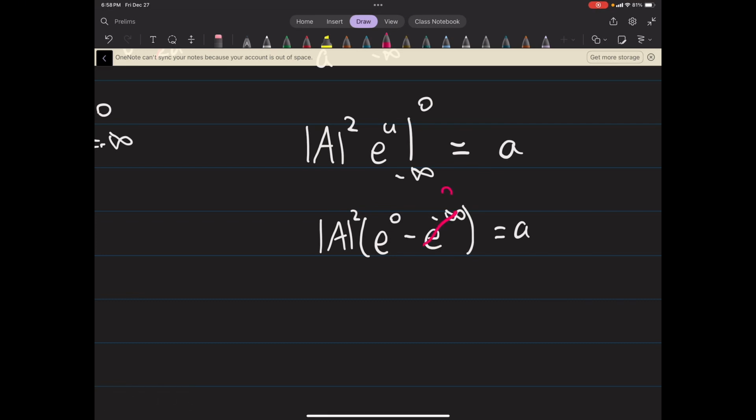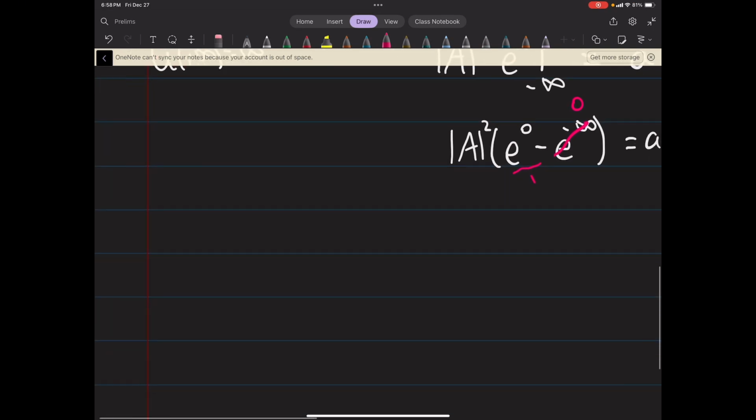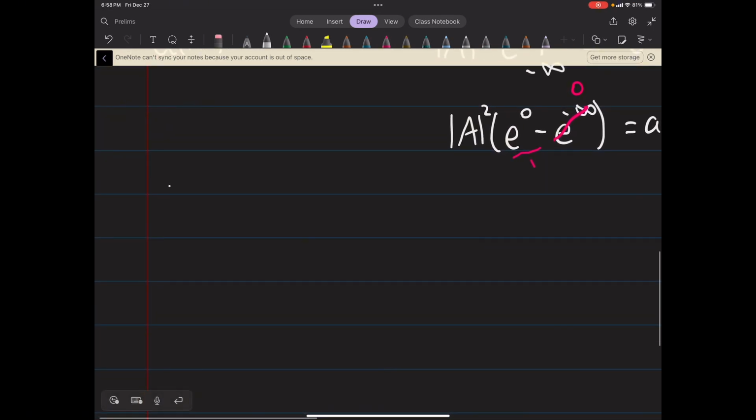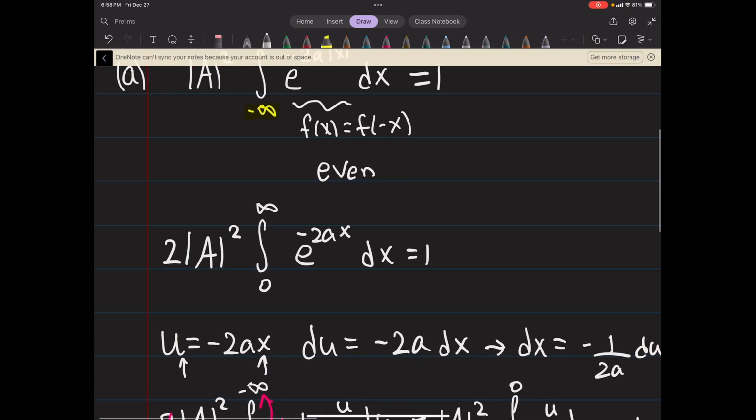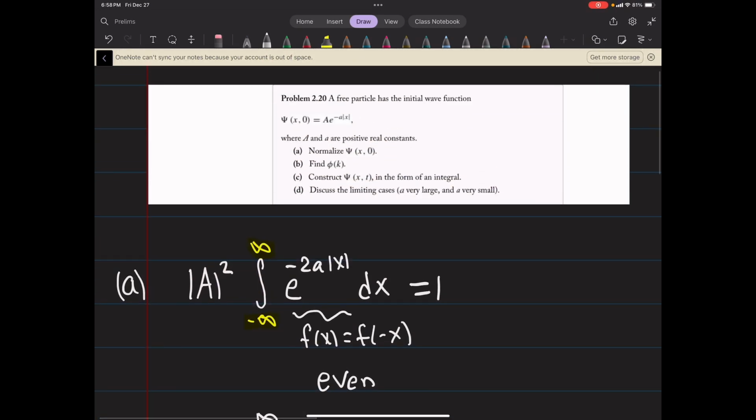This will be going to 0, it's decaying, and this is just 1. So then clearly A is equal to the square root of little a. You're probably fine with that. We've done this a few times now.